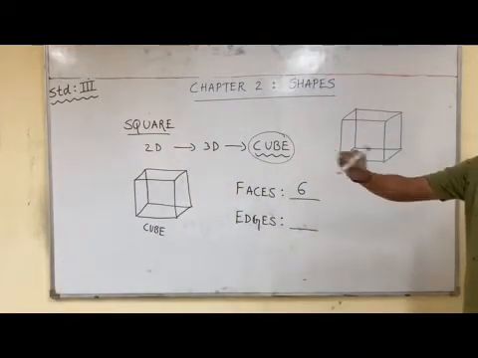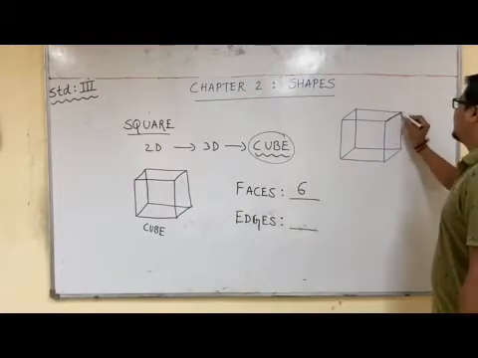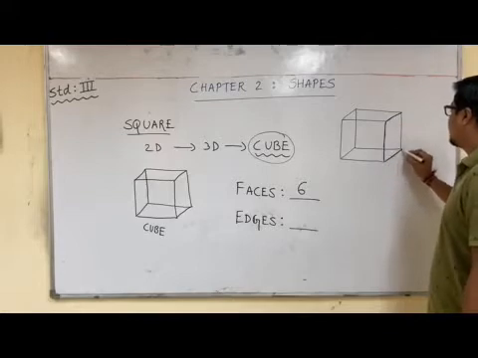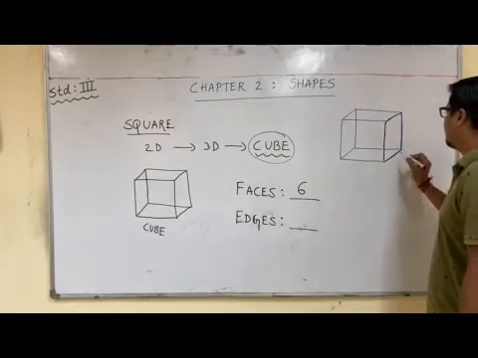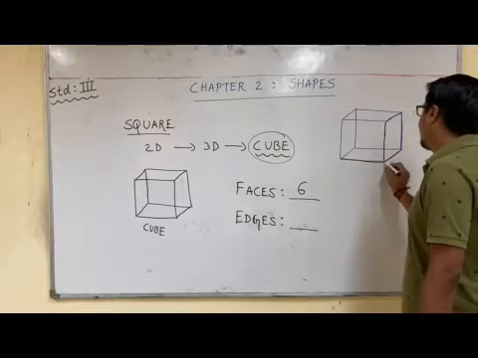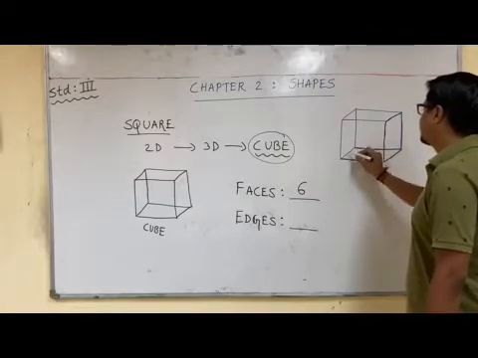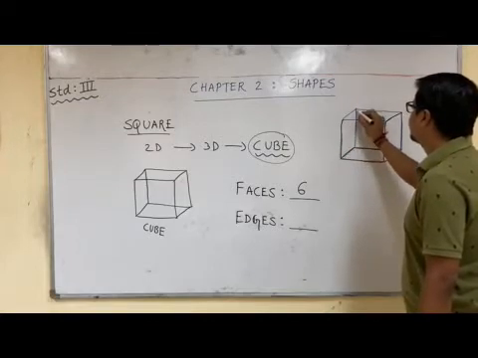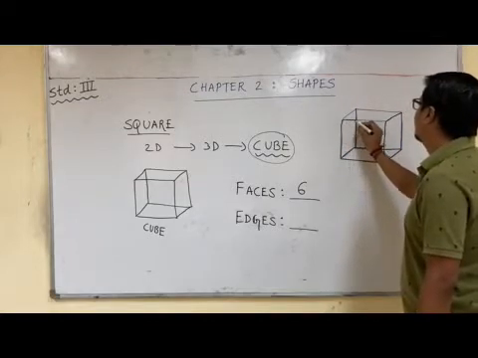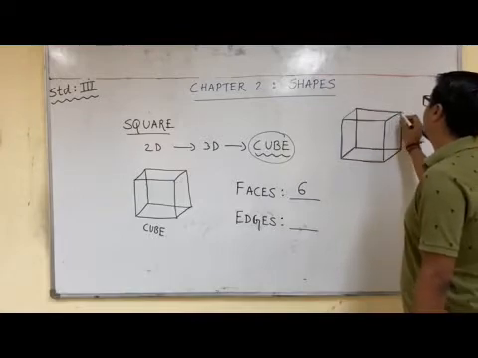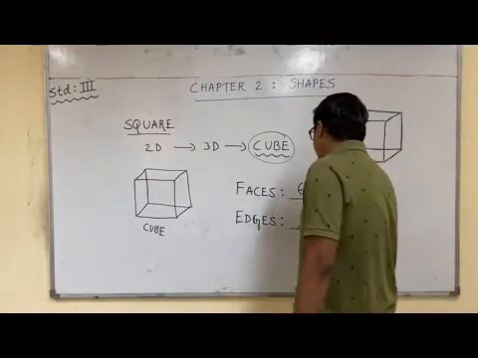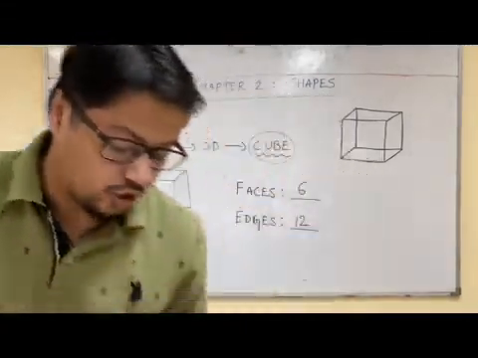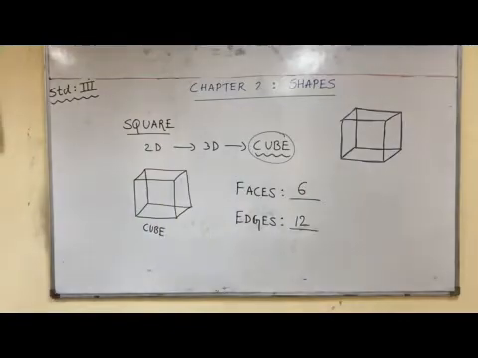I am marking the edges with black. 1, 2, 3, 4, 5, 6, 7, 8, 9, 10, 11, 12. So how many edges are coming, students? 12.